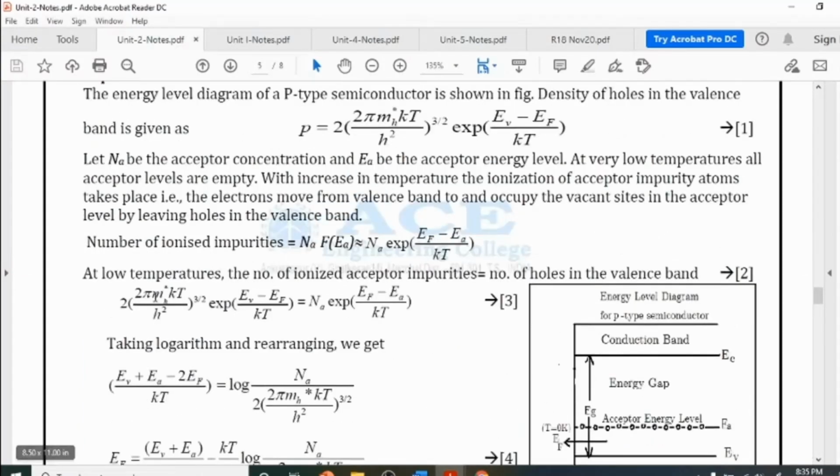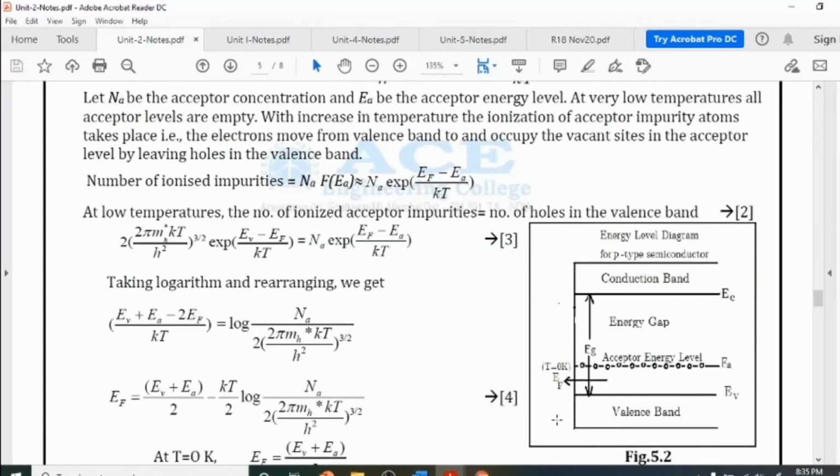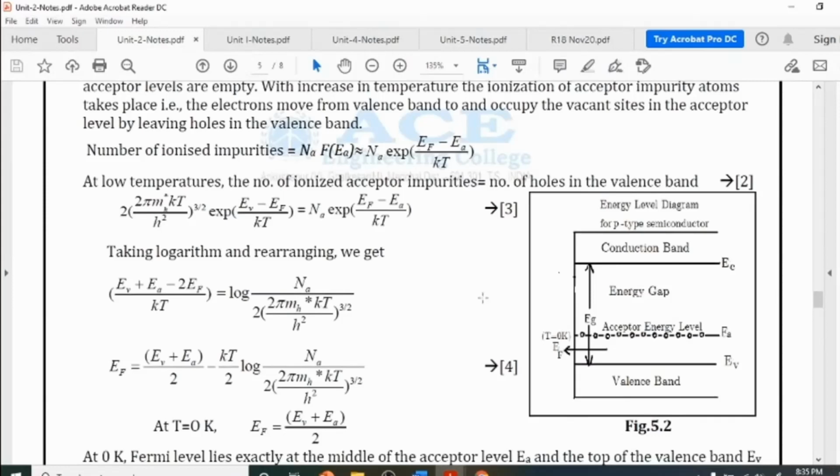As temperature increases, the Fermi level would move away from the top of the valence band towards the acceptor level, and then automatically it would move towards the intrinsic position, which would be exactly in the midst of the band gap. So that is given over here.